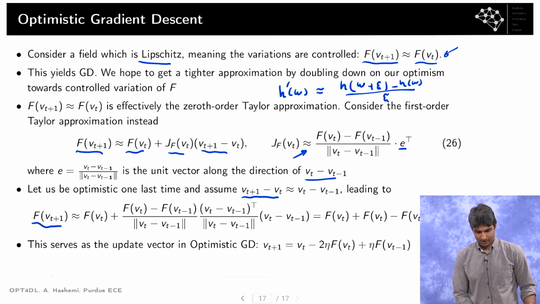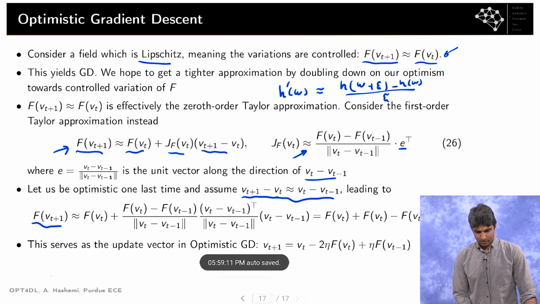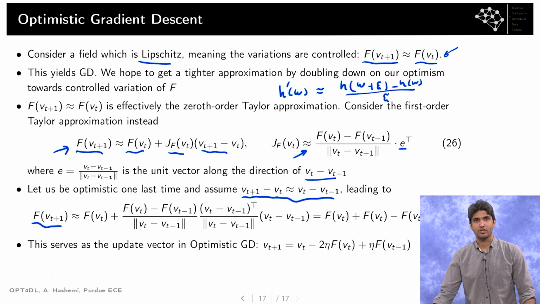So by Taylor expansion, we have this approximation. Let's use the approximation of the Jacobian and the fact that I'm assuming the differences are preserved over time. If I plug that in here, I get this complicated looking quantity. But the idea is that in the denominator, I have the Euclidean norm squared of the difference between Vt and Vt minus 1.